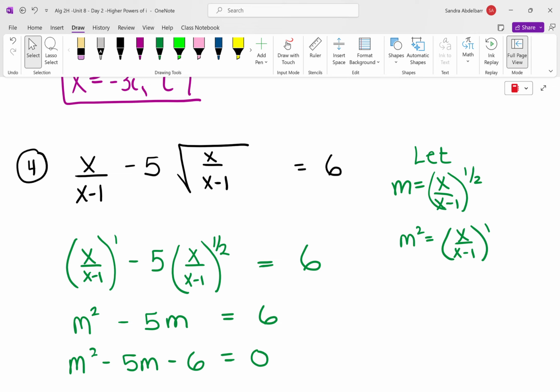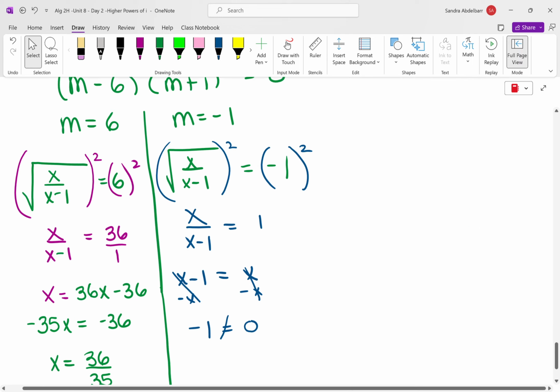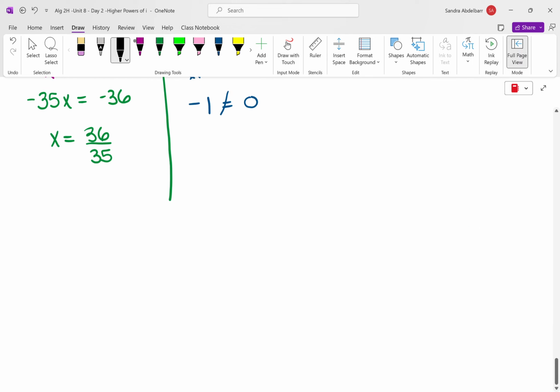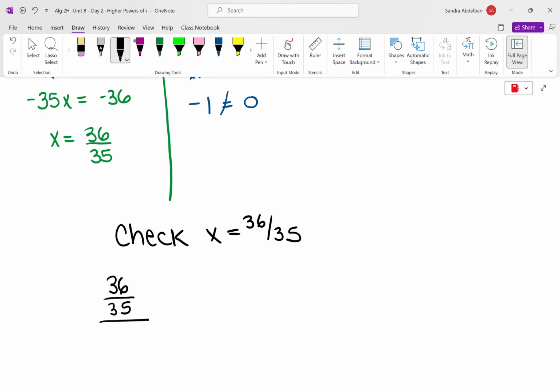But because this was originally an equation with radicals and variables, we have to check. Because this was a radical equation with variables, we have to check our solution. So it's not going to be a fun check. We need to check x equals 36 over 35.